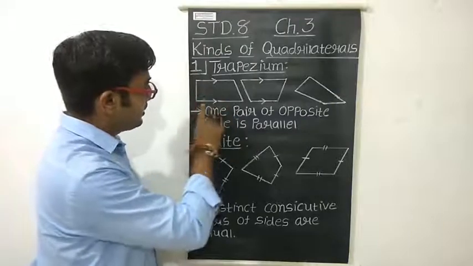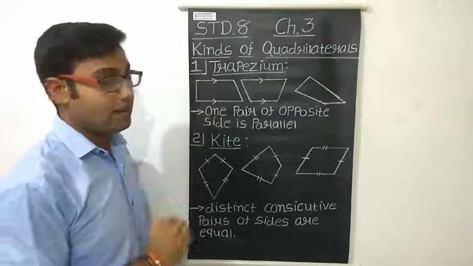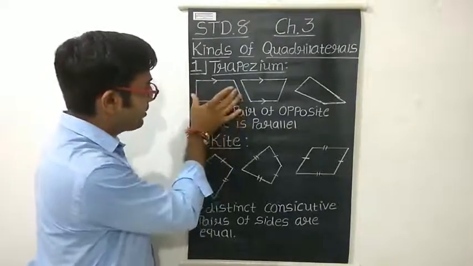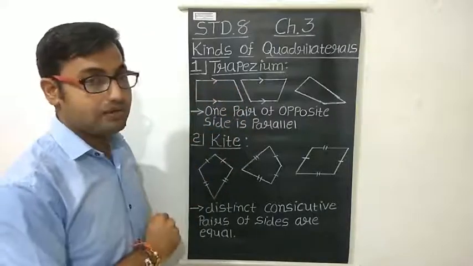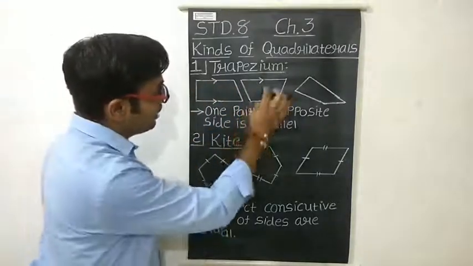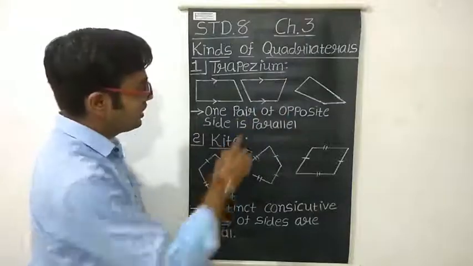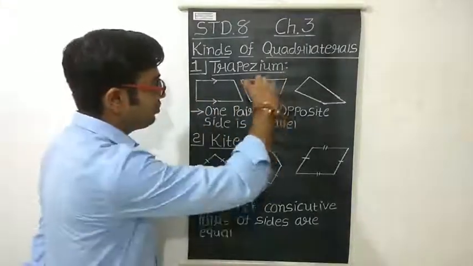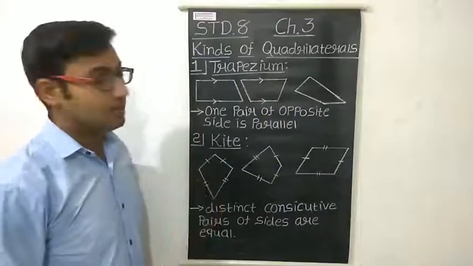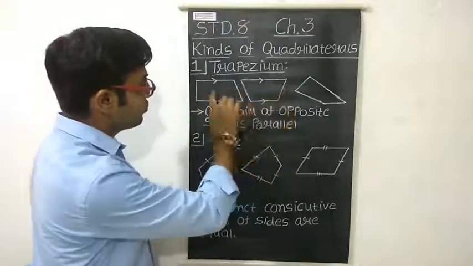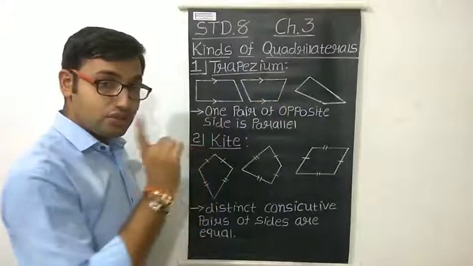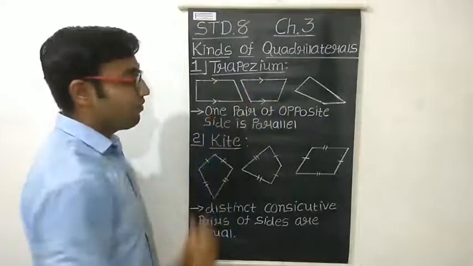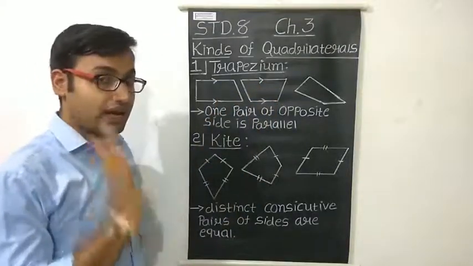Here this line and this line are parallel, but these opposite lines are not parallel. In the same way, here also in this quadrilateral, these two lines are parallel, but these two lines are not parallel. See these two diagrams, one thing is common, that one pair of opposite sides is parallel.